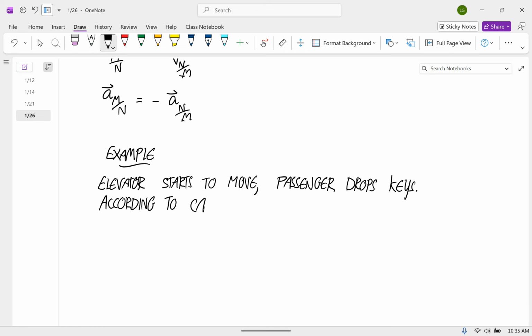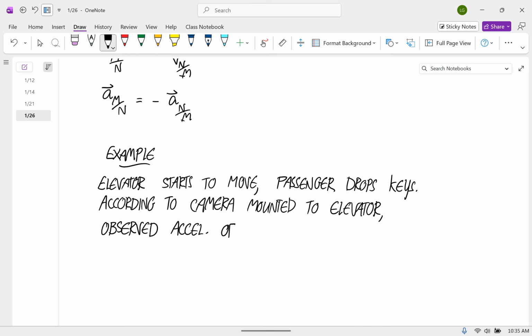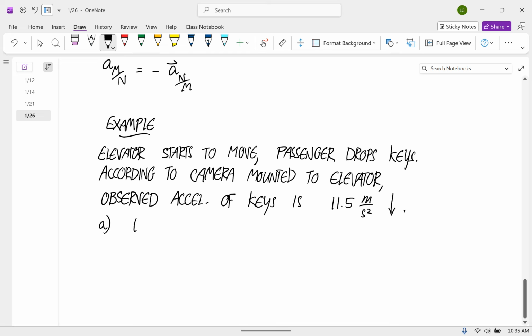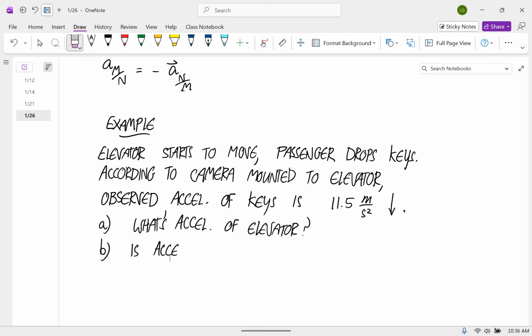According to a camera mounted to the elevator, the observed acceleration of the keys is 11.5 meters per second squared down. So first, what's the acceleration of the elevator? Is the elevator accelerating up or down?